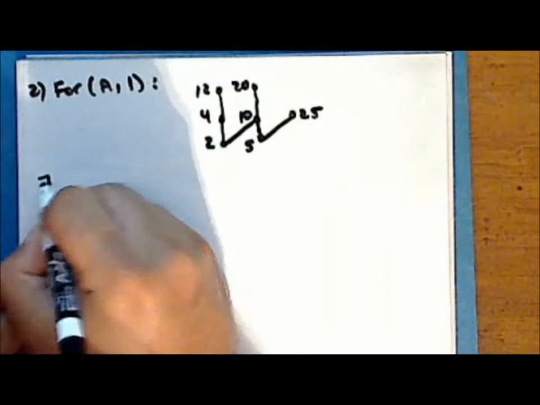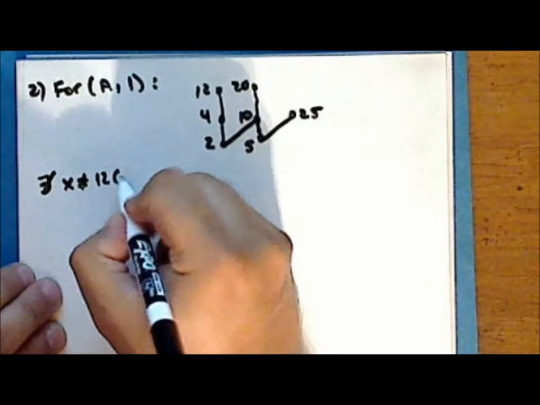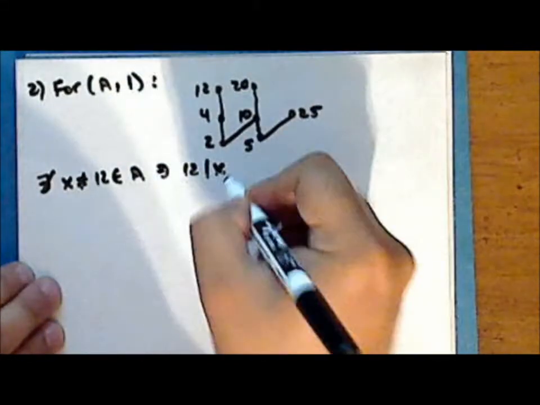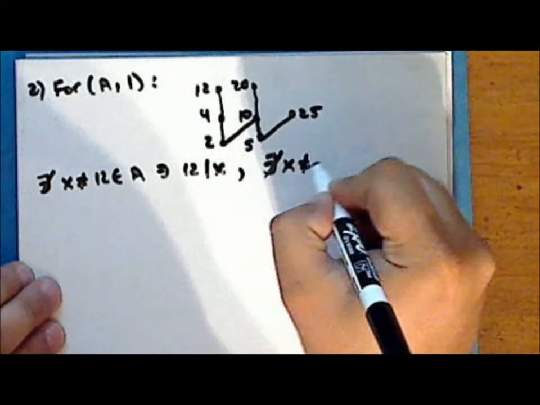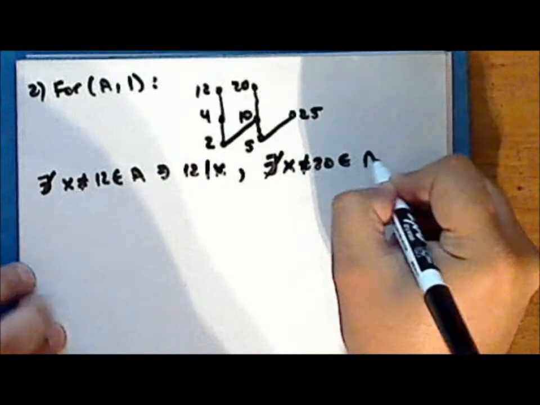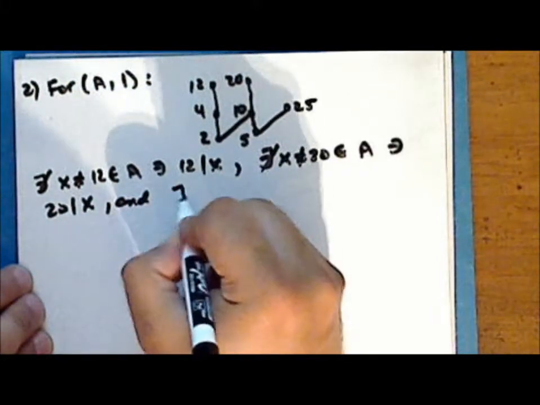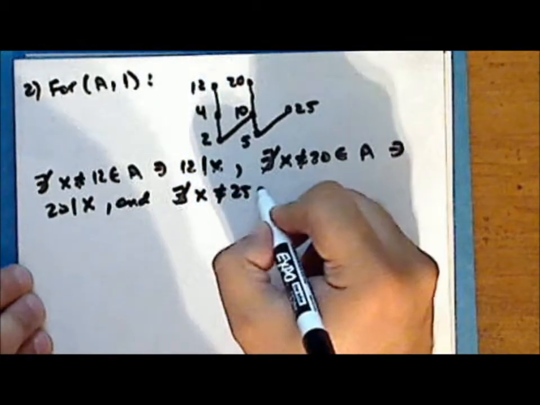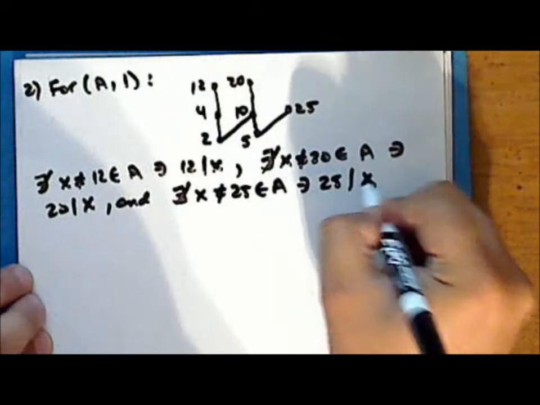And so there does not exist an element x which is distinct from the number 12 in the set A, such that 12 divides x. There does not exist an element x which is distinct from the number 20 in the set A, such that 20 divides x. And there does not exist an element x which is distinct from the number 25 in the set A, such that 25 divides x.